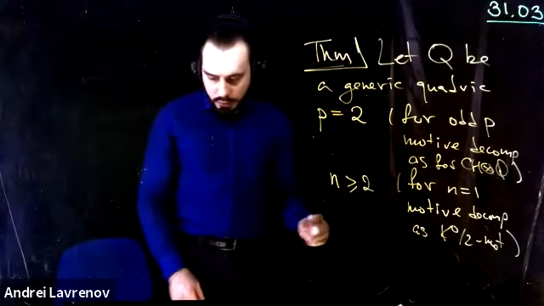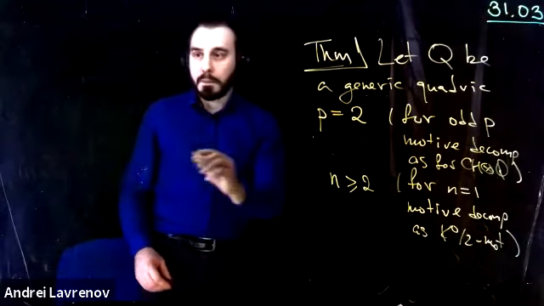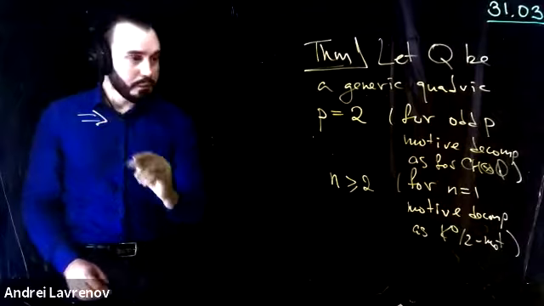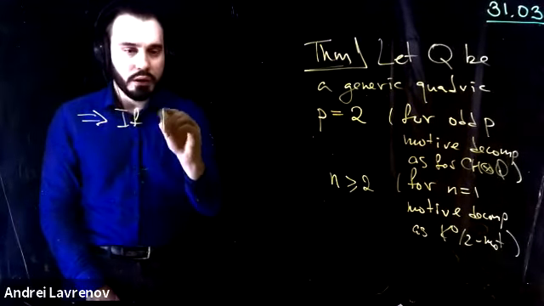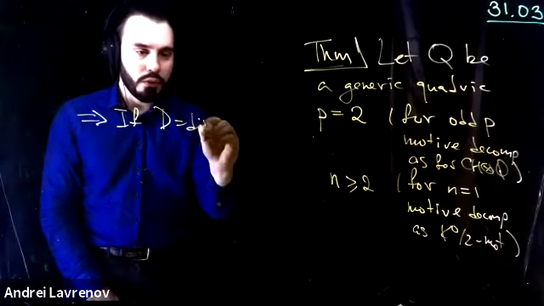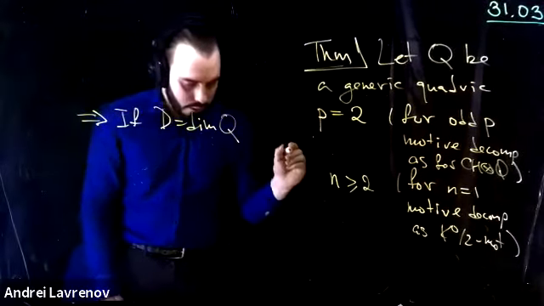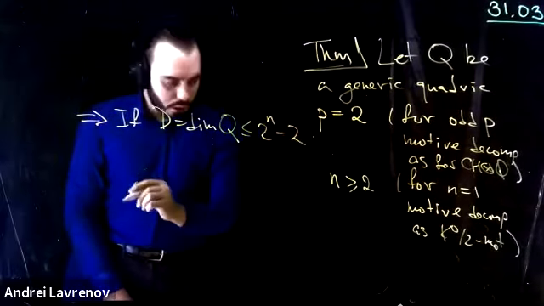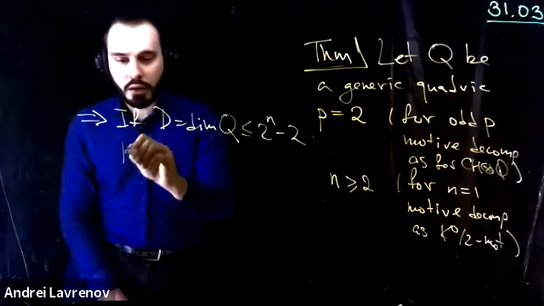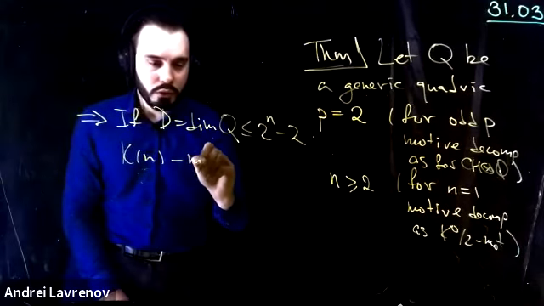And so then, if the dimension of the quadric is less or equal than 2^n minus 2, the K_n motive is indecomposable.